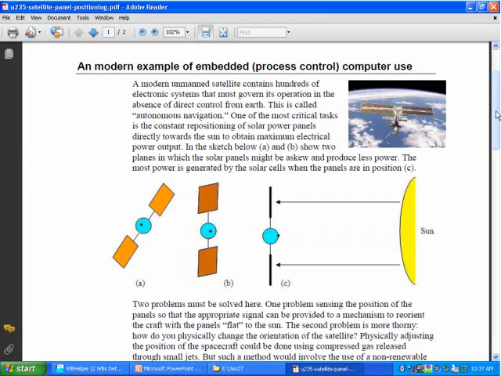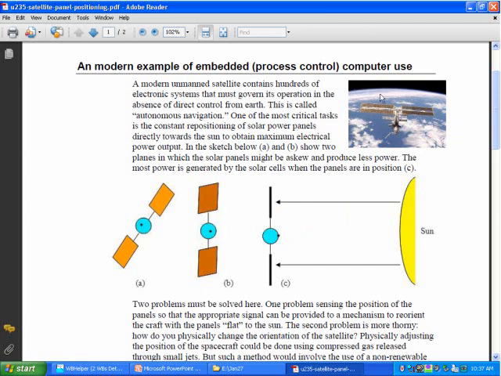Here we have a satellite that's been made to orbit the Earth, and perhaps it's relaying radio or television signals, or it's a GPS satellite. It's going to be up there for a while, and it's going to generate power with solar cells. In order for the cells to generate maximum power, they have to be flat to the sun.